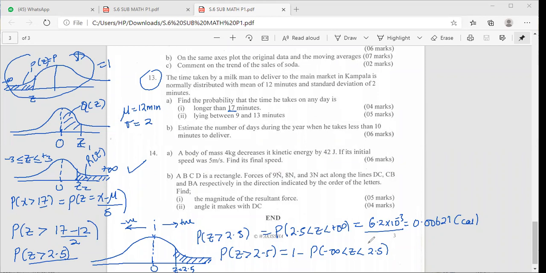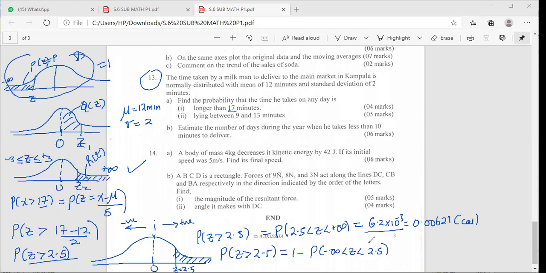Shift 3. Shift what? 3. What do you see? 3 root of cube. Impossible. Which calculator are you having? It is impossible.